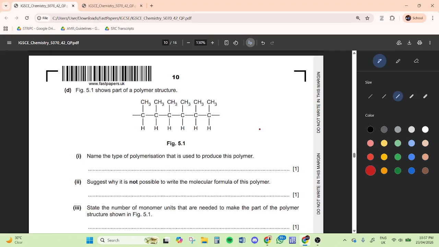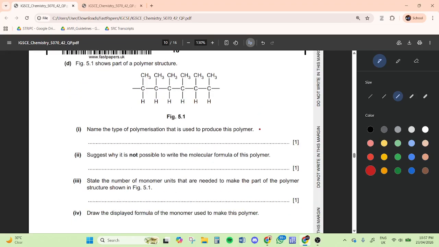Figure 5.1 shows part of a polymer structure. Name the type of polymerization that is used to produce this polymer. Because we're not seeing any water anywhere, we can assume that this is not condensation. As a result, this is going to be addition. Suggest why it is not possible to write the molecular formula of this polymer. So you guys know that whenever you're doing polymers, you always give a bracket.